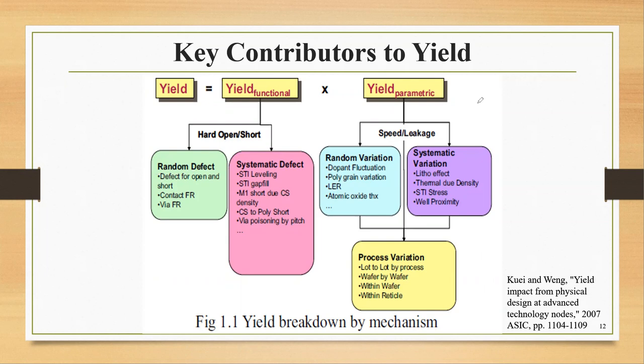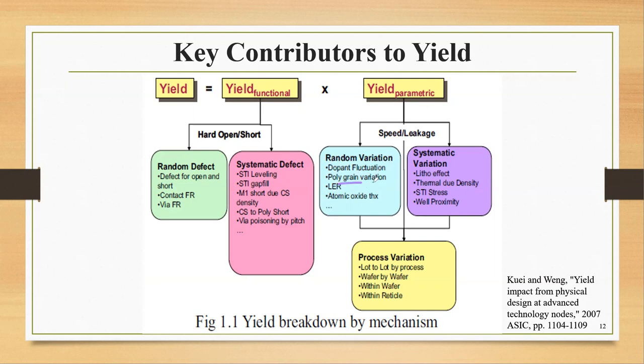But here I'm just giving you a heads up that your yield loss could be a functional defect or a parametric defect, and each defect has many, many signatures, right? Then for random variation, the most famous one here is the dopant fluctuation. The other ones are important as well, but not as important.